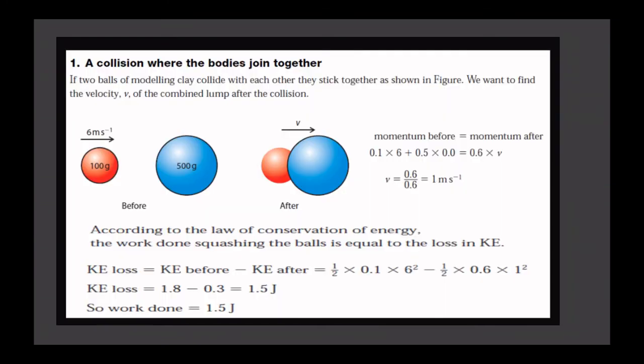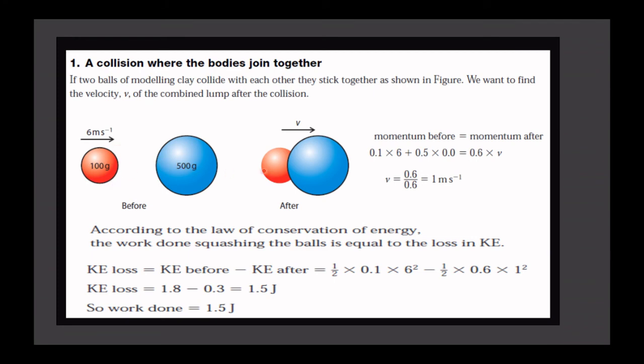Now let's see an inelastic collision example, a collision where the bodies join together. If two balls of modeling clay collide with each other, they stick together as shown in the figure. We want to find the velocity of the combined lump after the collision. Here you can see the red ball moving at 6 meters per second bumps onto the blue ball.